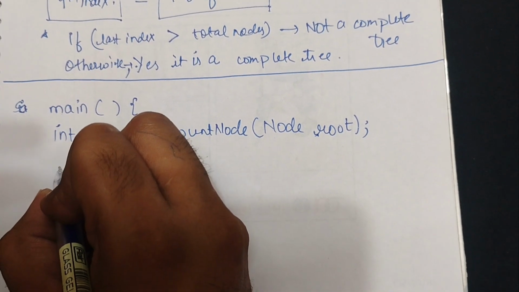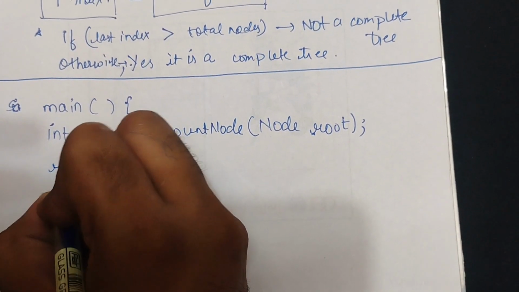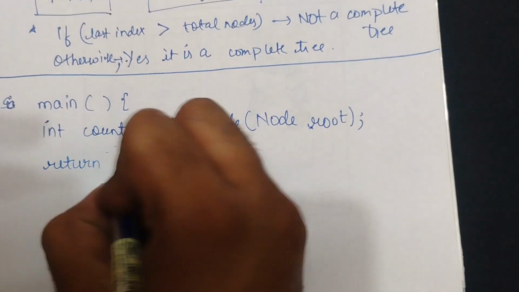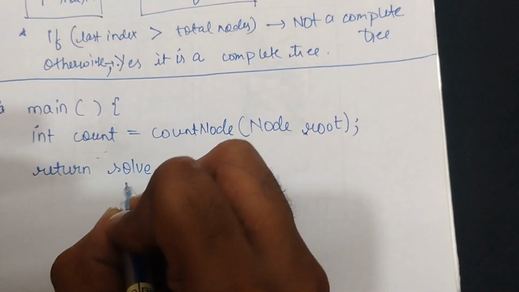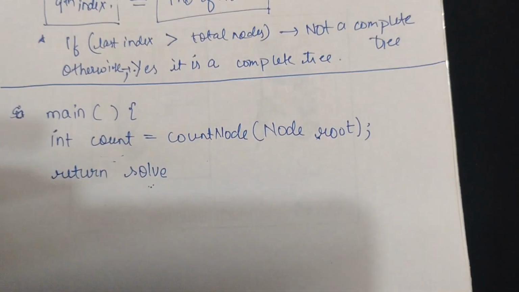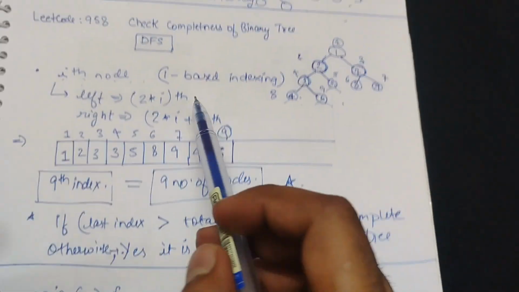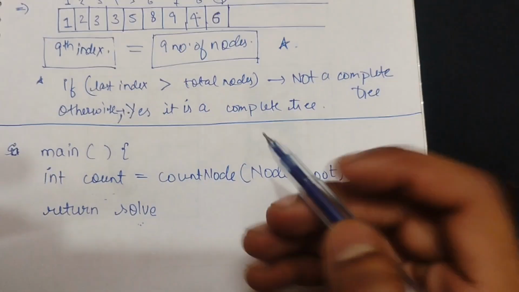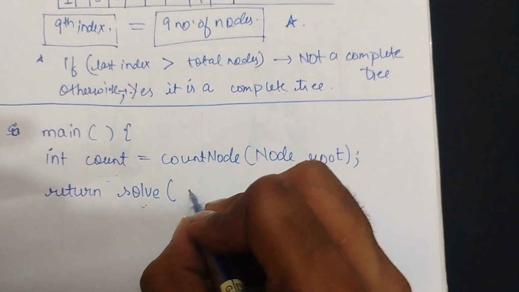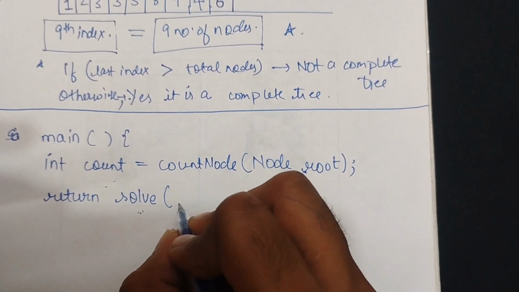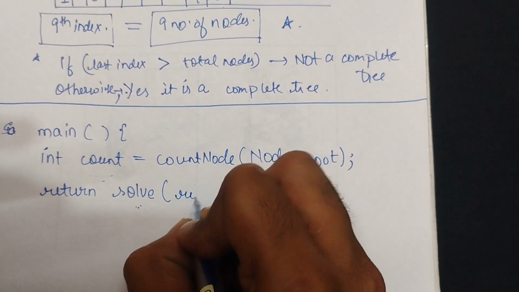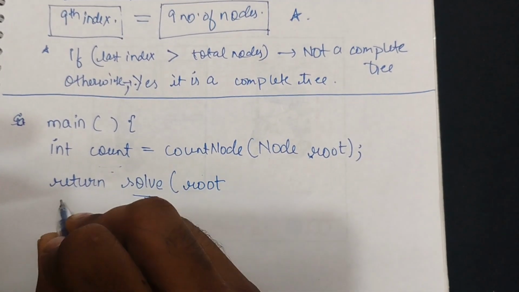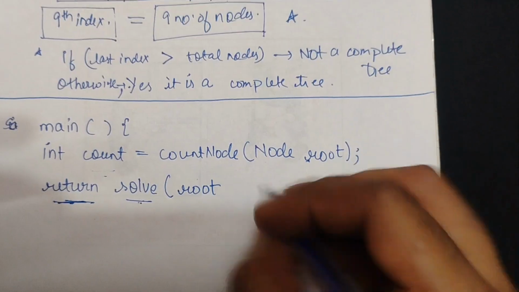Now in this I will call the solve function, and this solve function is the DFS of this problem, 958. I'll make this function. This function will return a boolean type.